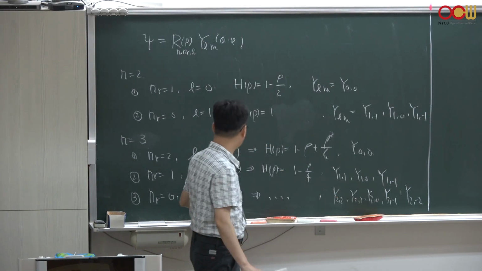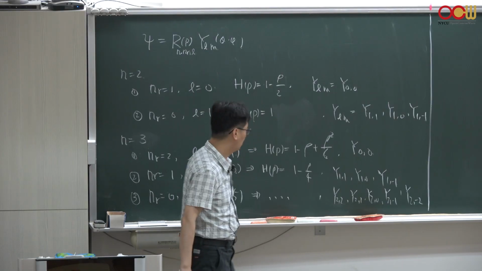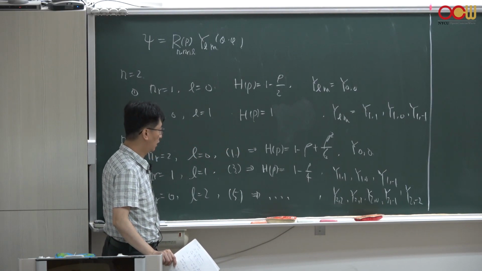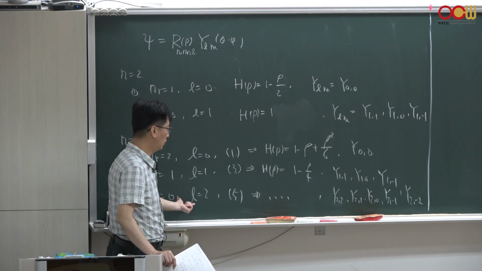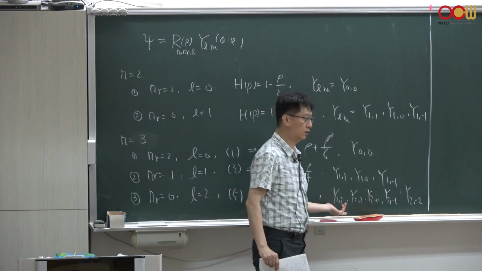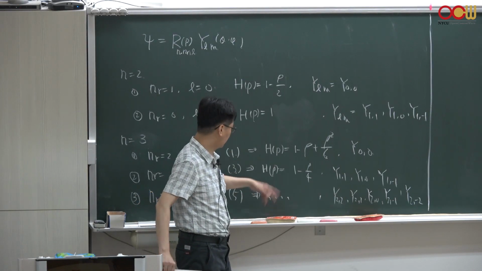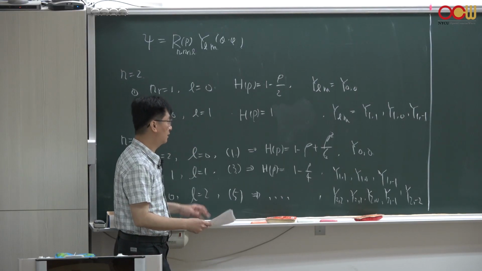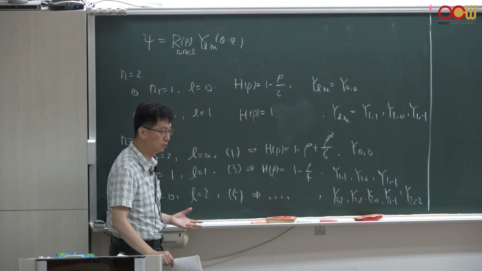Y of l m is given by the Y11, Y10, and Y1 minus 1 components of the spherical harmonics. The third case, when nr is 0 but L is 2, you get 5 different spherical harmonics. I don't bother writing down this H polynomial. You could figure that out. We will come back later when we discuss how to remove the degeneracy.